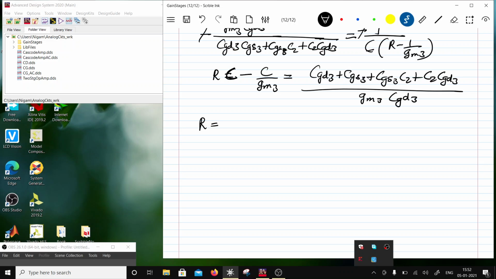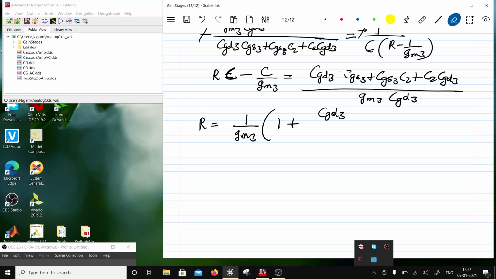This moves to the right hand side, so GM3. I take 1 over GM3 common times of 1 plus CGD3 CGS3, CGS3 C2, C2 CGD3.